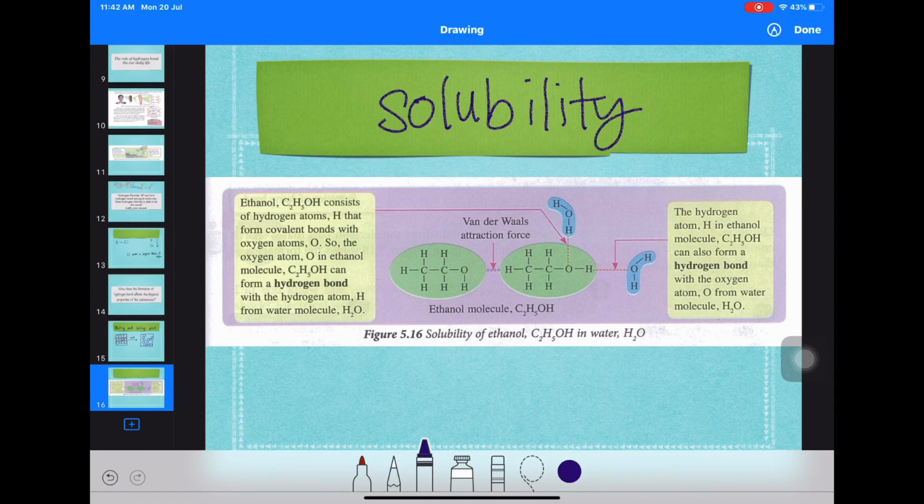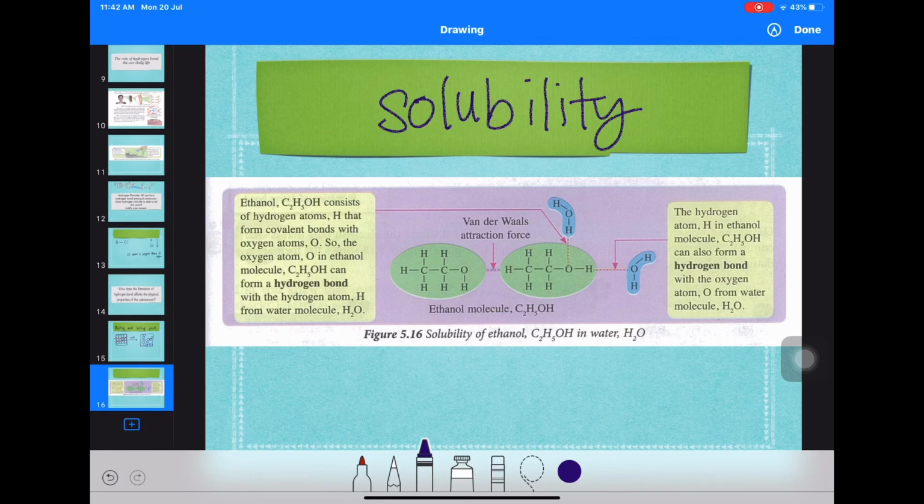Another property affected by the presence of hydrogen bonds is the solubility of a substance. For example, here we have ethanol. Ethanol is a non-hydrocarbon organic compound. We know that organic compounds are just soluble in organic solvents. But then why is ethanol soluble in water?